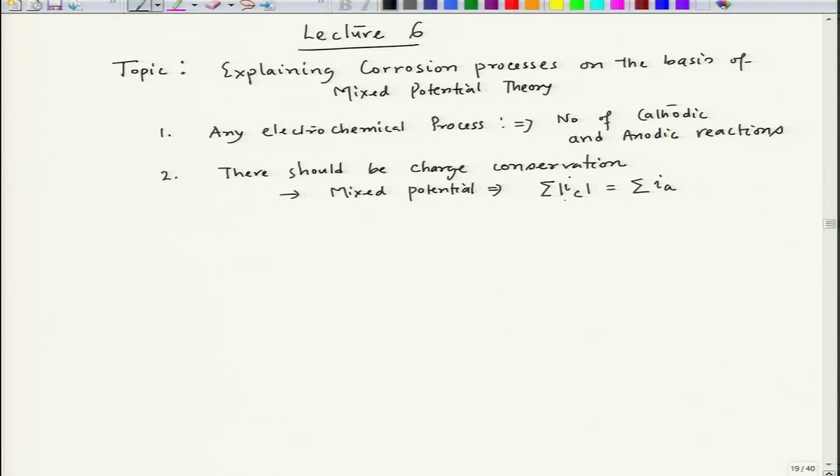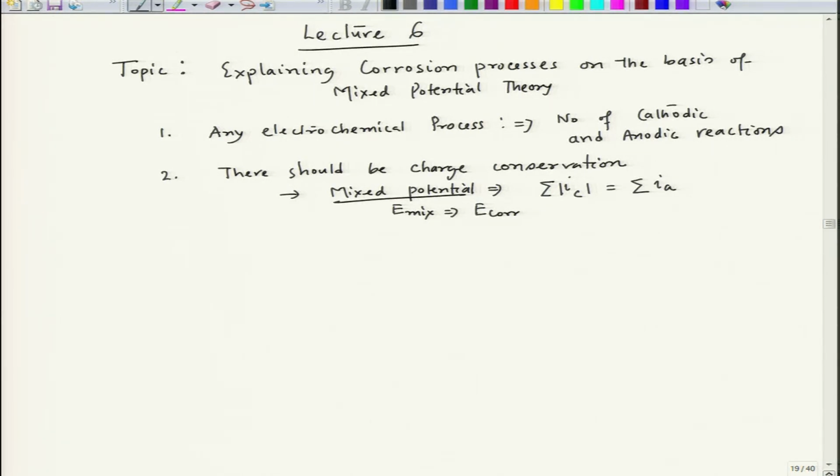This summation means that it considers all the cathodic reactions' current densities, and IA corresponds to all the anodic reactions. This is the mixed potential which we call E mix, and later we will see that this is nothing but E corrosion. So, this mixed potential theory is built on these two hypotheses.